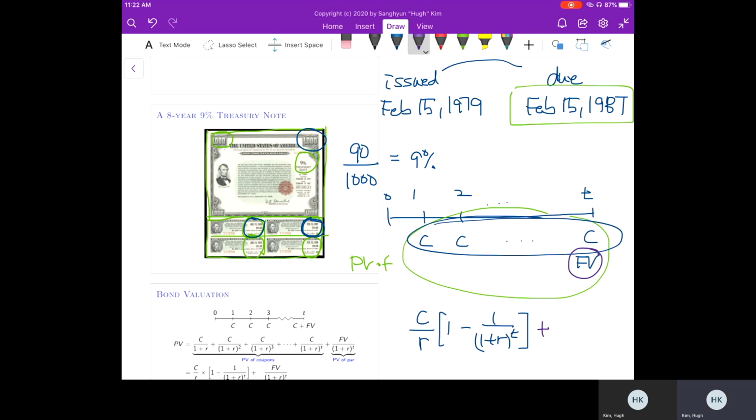The present value of this is face value divided by 1 plus R to the T. So that is the present value of a bond.